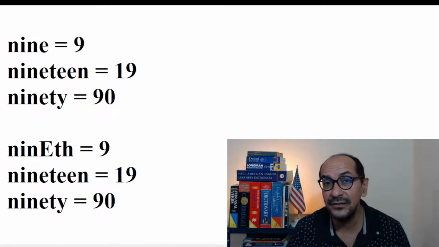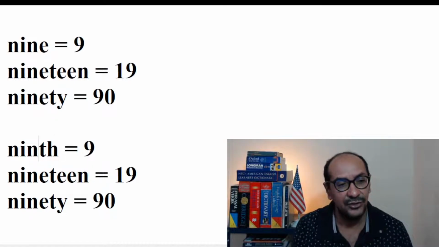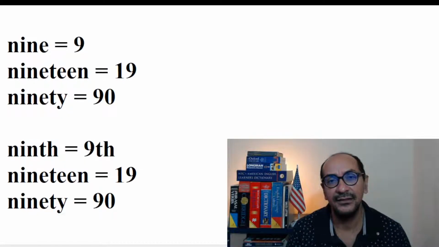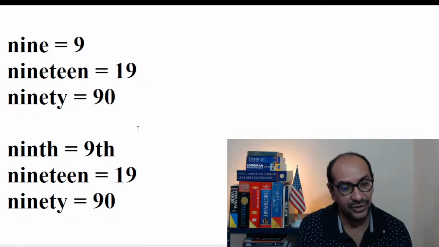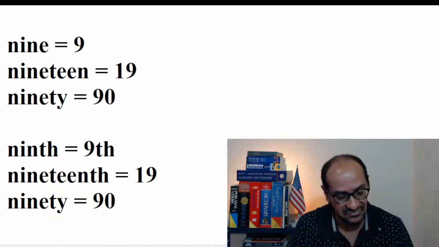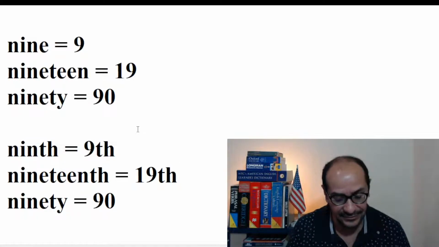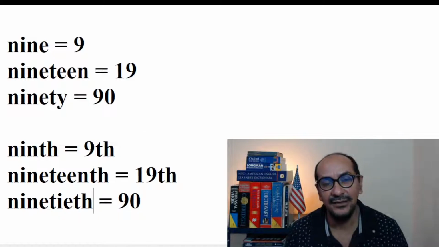Man, there is no letter E. This is the thing I'm trying to say to you now. You say 9th without the E. Then you have the 19th, for example. So you have 19th, no problem. And then you have the 90th.